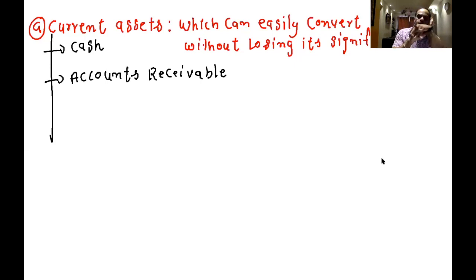Okay. The product we sell on credit, then the customer will become account receivable. So what does it mean, account receivable? Account receivable are those people from whom we have to receive money in future.